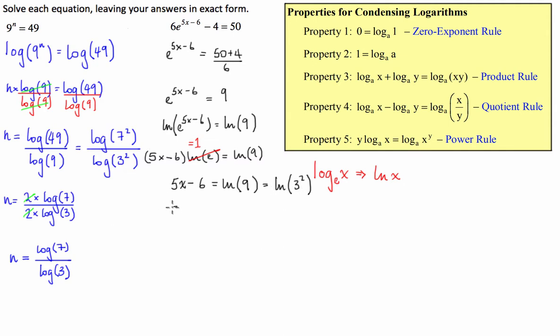So I'm going to be left with 5x subtract 6 is equal to 2 ln 3. From here, I'm going to add 6 to both sides and divide it by 5. So I'm going to be left with x is equal to 2 ln 3, add 6, all divided by 5.